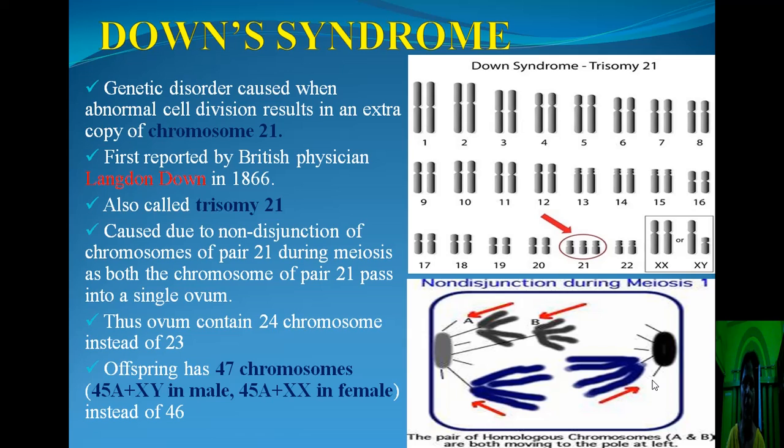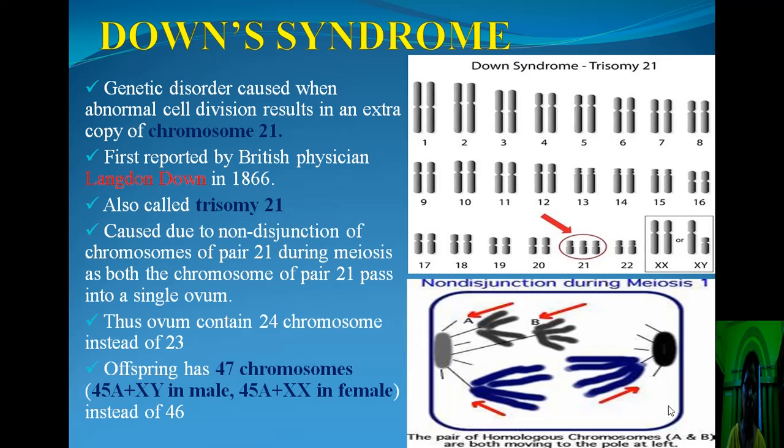Normally, ovums contain 23 chromosomes, half of the normal chromosomal set, that is 46. Instead of 23 chromosomes, the ovum containing 24 chromosomes, when fertilized with the sperm, the 21 set will contain 3 chromosomes instead of 2. This would result in Down syndrome. Offspring generally have 47 chromosomes in this syndrome.